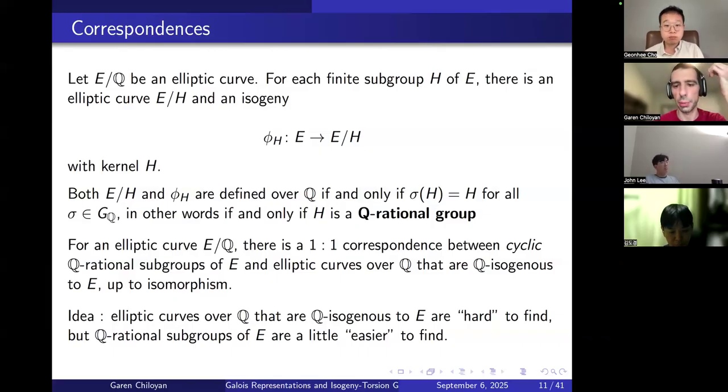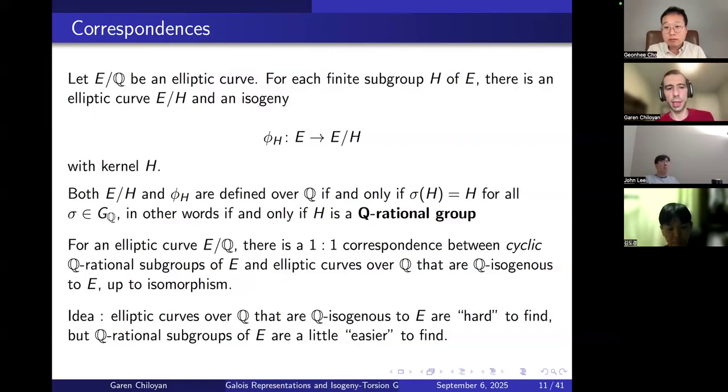And it's the most important subgroups of the elliptic curves that I worked with. So this is an extremely important property. If you have an elliptic curve E, there's a one-to-one correspondence between cyclic Q-rational subgroups of E and elliptic curves over Q that are Q-isogenous to E, up to isomorphism.